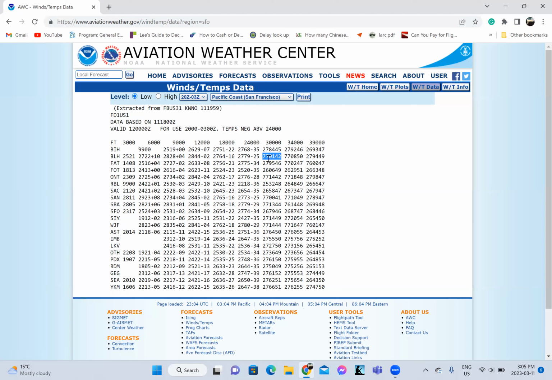To decode this, start with the 77 and subtract 50 from that, which makes it 27, which gives a heading of 270. Take the next two digits and add 100 to it. So this would become 270 at 101 knots and a temperature of minus 42 degrees. Let me write that out really quickly. Okay, draw.